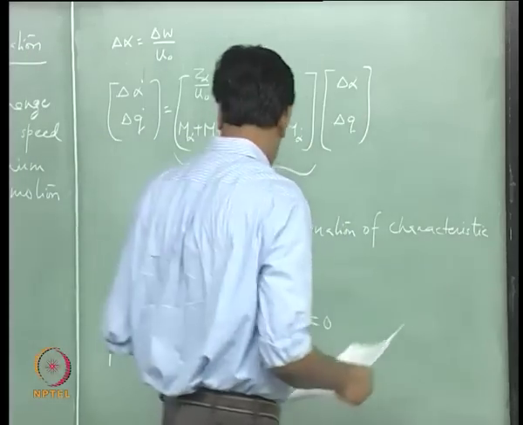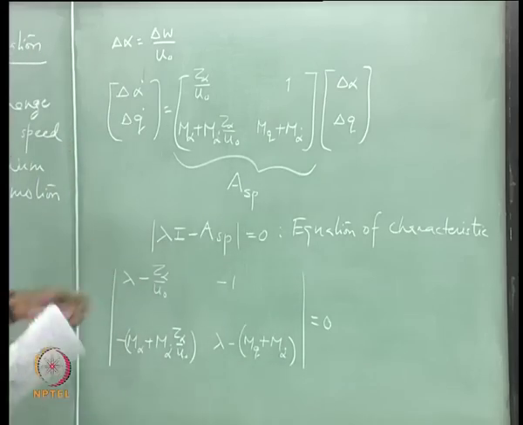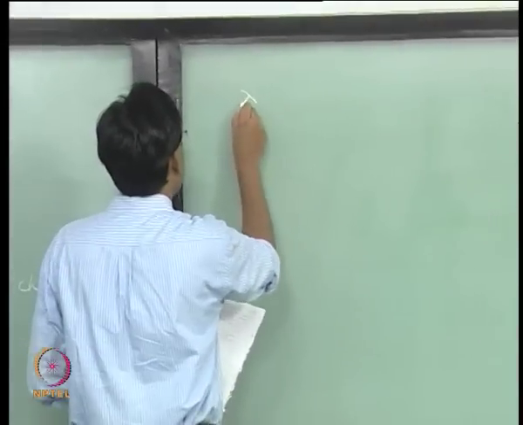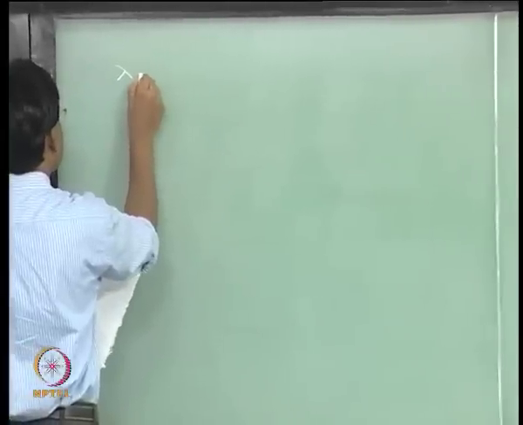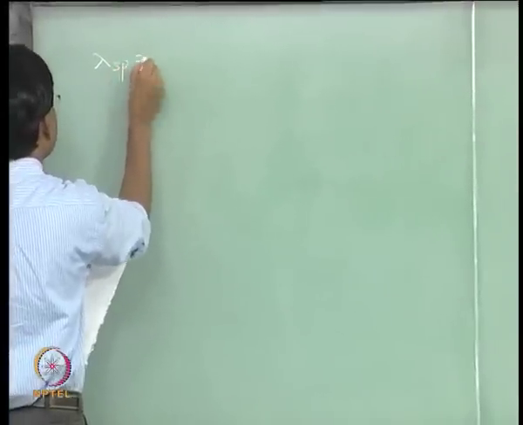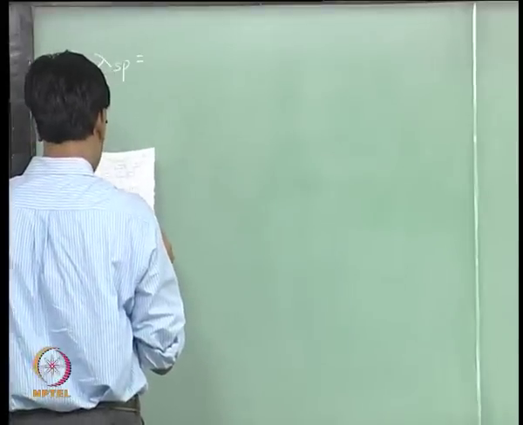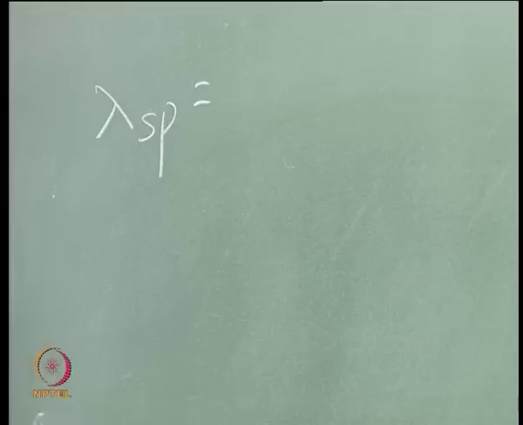This will result in two values of lambda, complex and complex conjugate lambdas, right, and it will come from this equation.